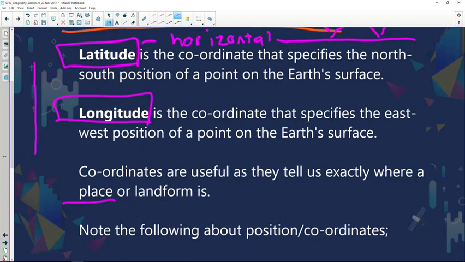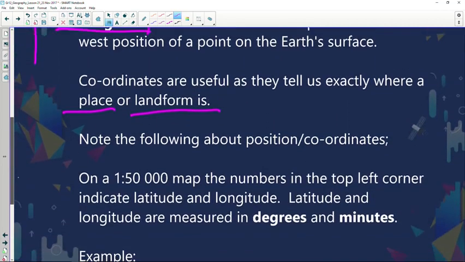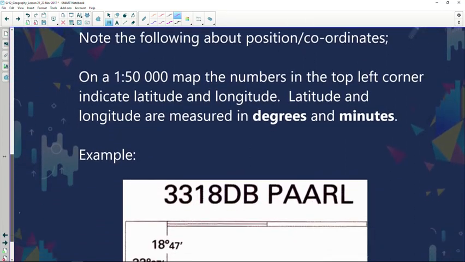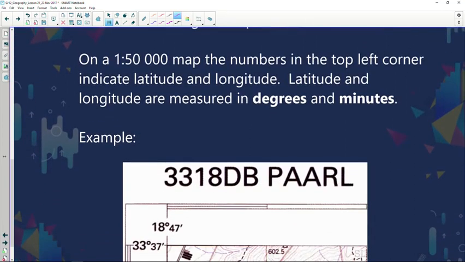Coordinates are still very useful. We still use them today to find the exact place and landform. On a 1 to 50,000 map, we express coordinates in degrees, minutes, and seconds. I will explain it to you now.